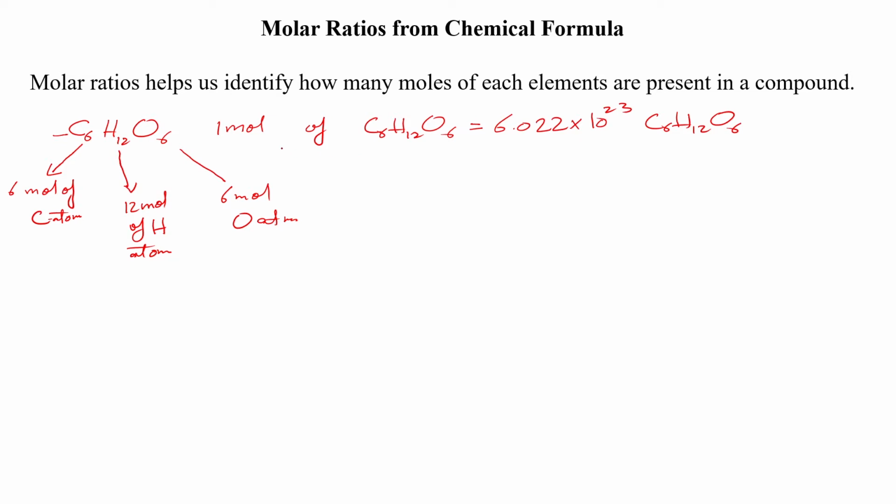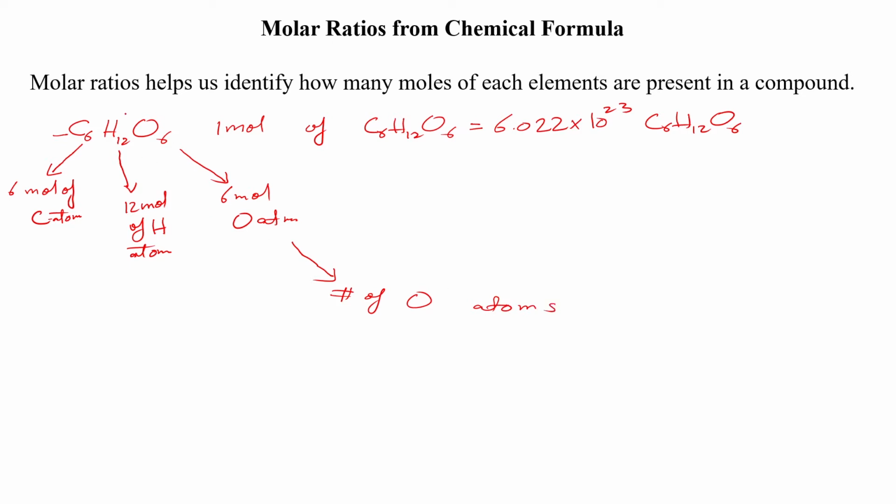So the mole ratio that we have is between the moles of a substance and Avogadro's number, right? If you have to find atoms of oxygen, it means first you have to convert moles of glucose to moles of oxygen, and then from moles of oxygen you can find the number of oxygen atoms.